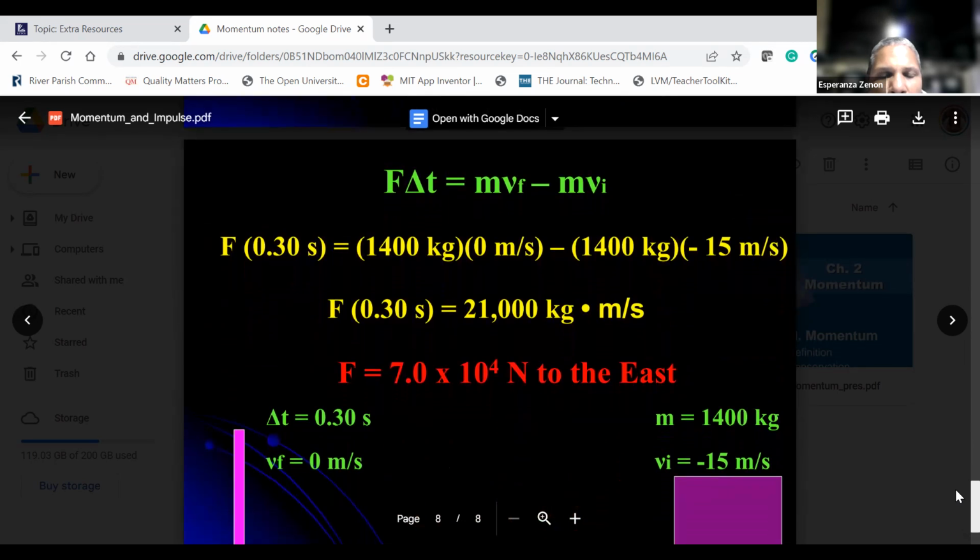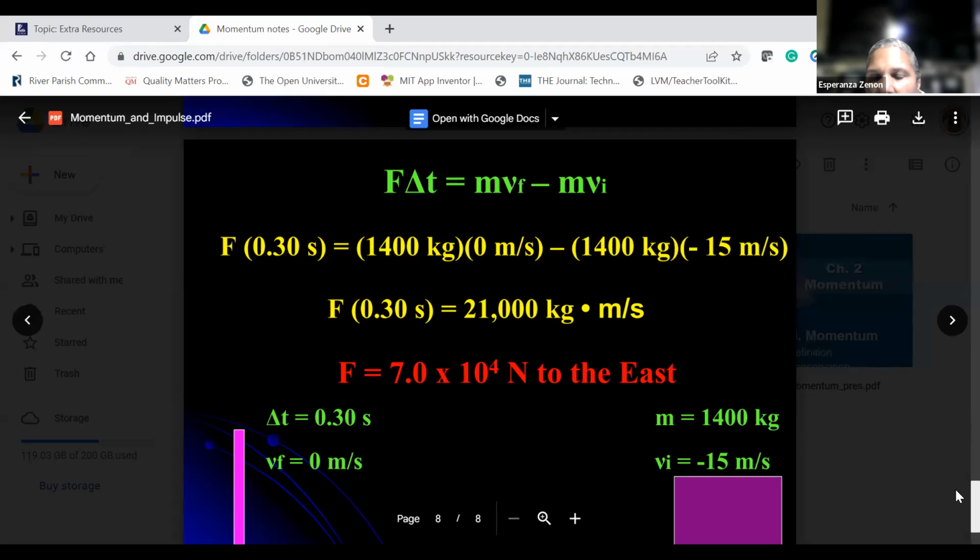Let's fill in the things we know. Well, we know the time interval, 0.30 seconds. We know the mass. We know the final velocity. We do because it says it's brought to rest, so the final velocity has to be 0. The minus sign comes from the formula. The mass that we start off with is still 1,400 kilograms.